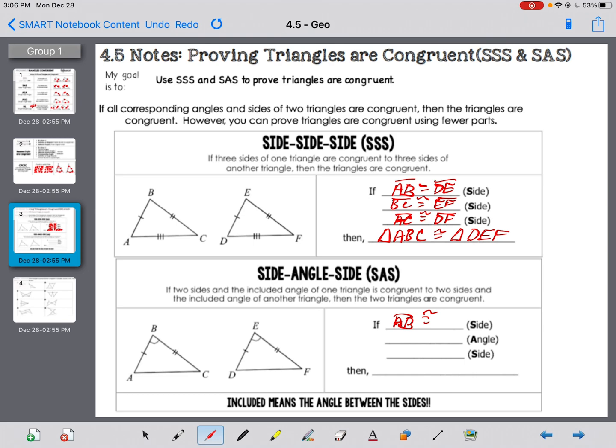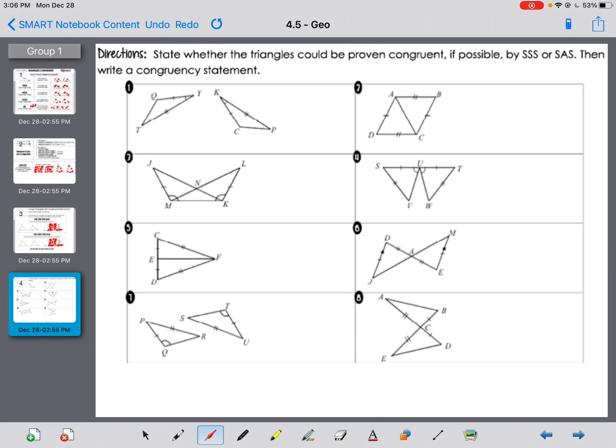So if AB is congruent to DE, and if angle B is congruent to angle E, and if BC is congruent to side EF, then triangle ABC is congruent to triangle DEF. All right, included means the angle between the sides, like in between, included.